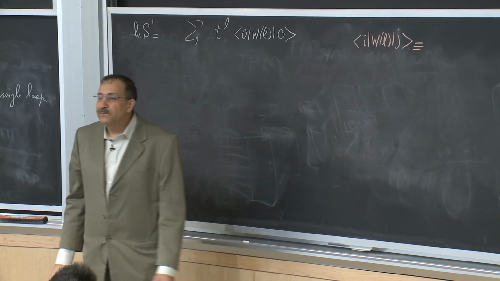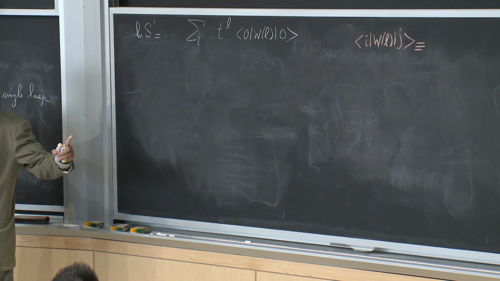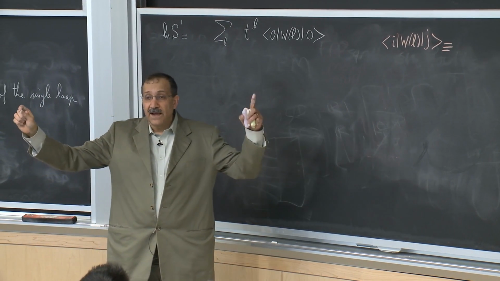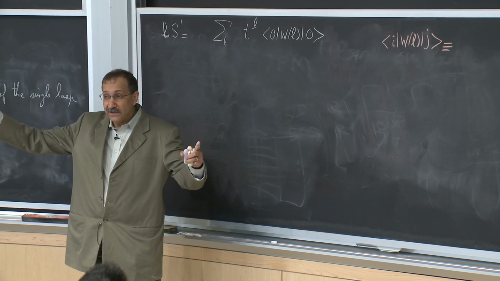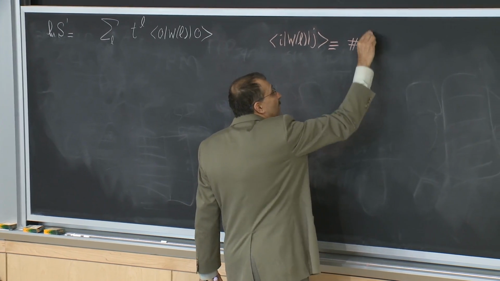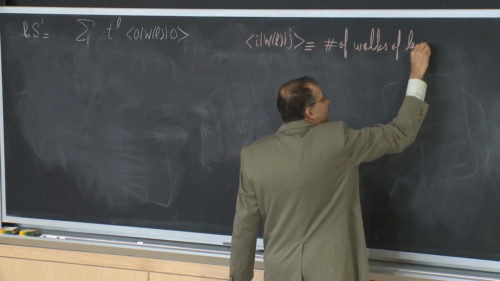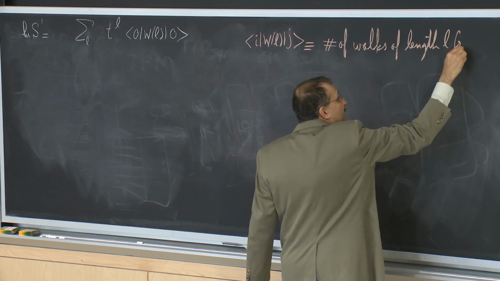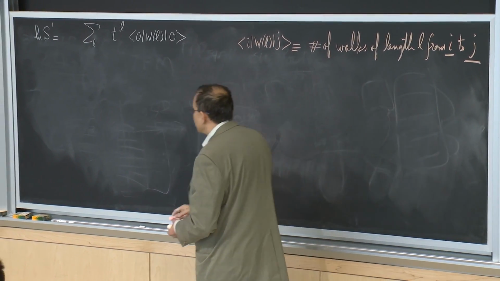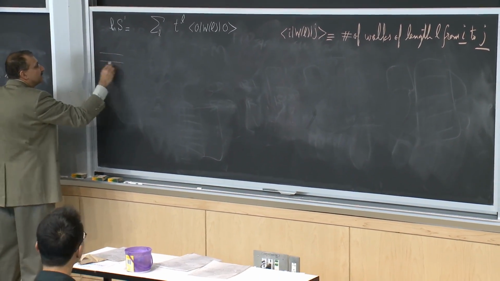I define a matrix that is indexed by two sites of the lattice and counts the number of walks that I can have from one to the other, from i to j, in L steps. So this is the number of walks of length L from i to j. OK? So what am I doing here?